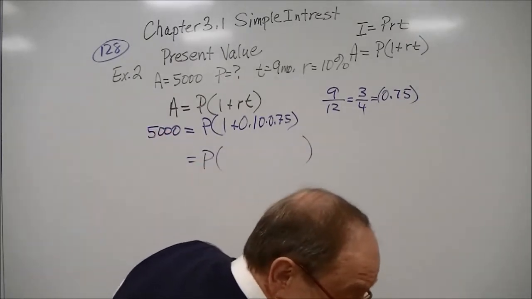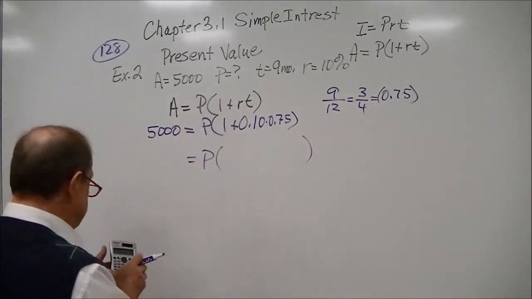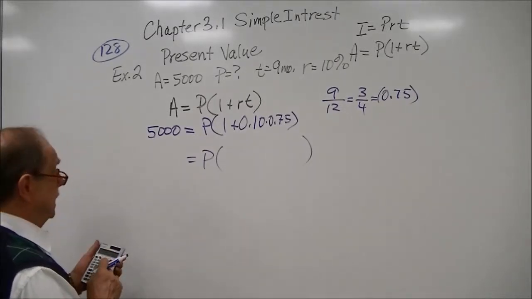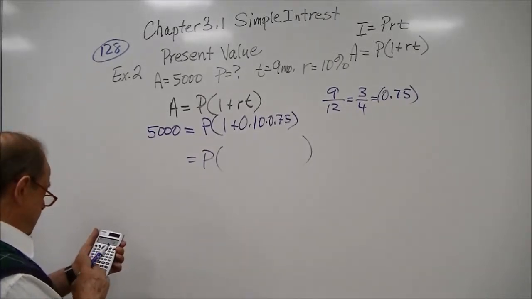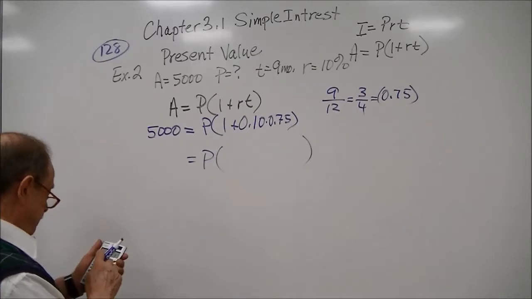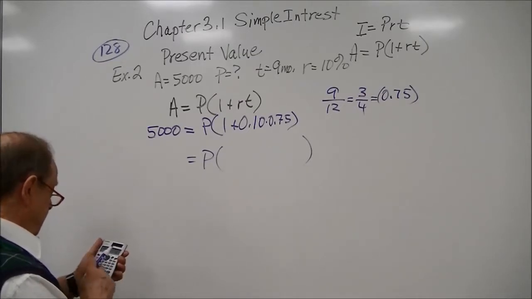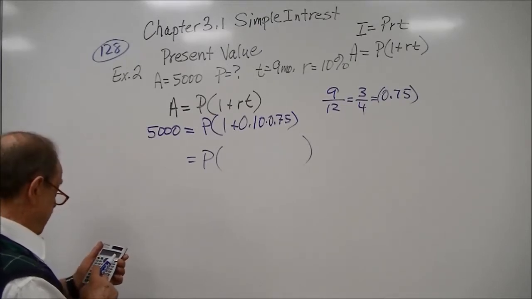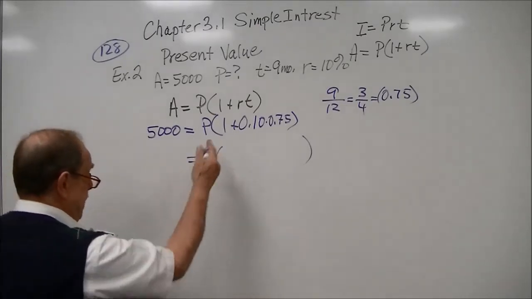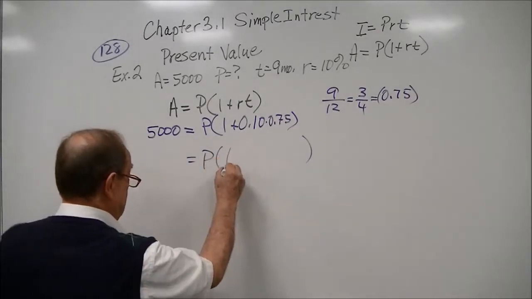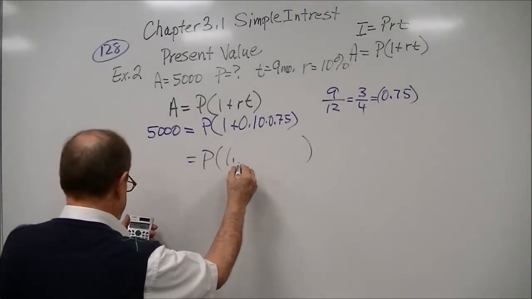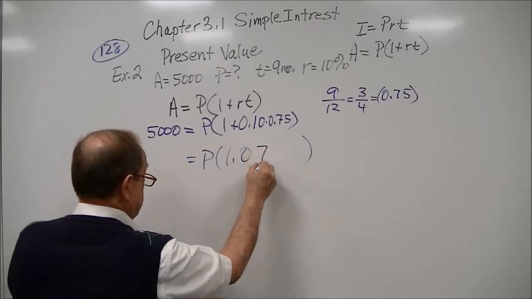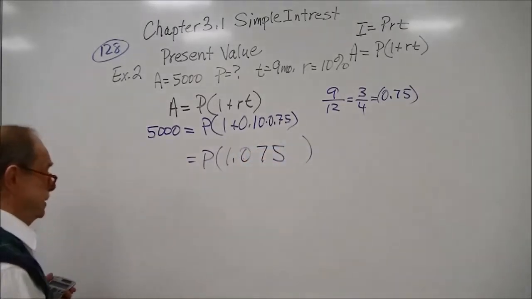Now for this we have our trusty calculator. So let's see here, 0.10 times 0.75, and I'm going to add the 1 to it, so it becomes 1.075, like so.